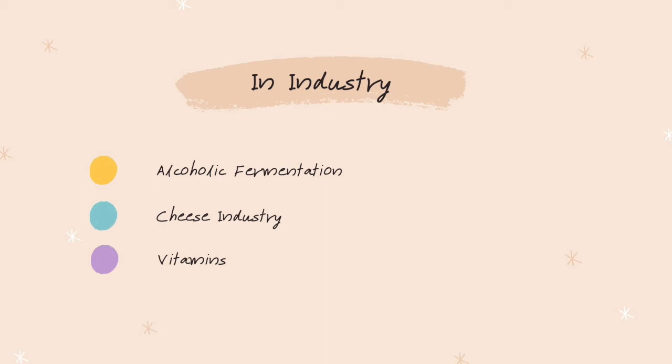Both are dependent on the fact that the fermentation of sugar solutions by yeasts produces ethyl alcohol and carbon dioxide. In the brewing or winemaking industry, alcohol is an important product. And in the cheese industry, cheese molds will be discussed later on.